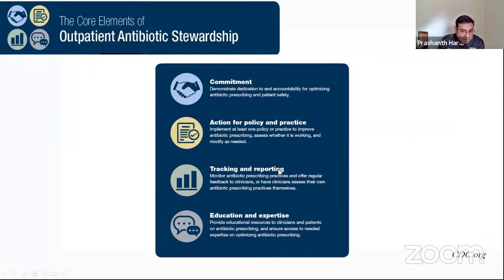The third is tracking and reporting, which is the most challenging one. In fact, I am in the state of Missouri, and in Missouri there is no prescription tracking software or method. We've been lobbying the state government to install one. Before coming to Missouri, I was in Michigan, and Michigan had a good, strong prescription monitoring system.